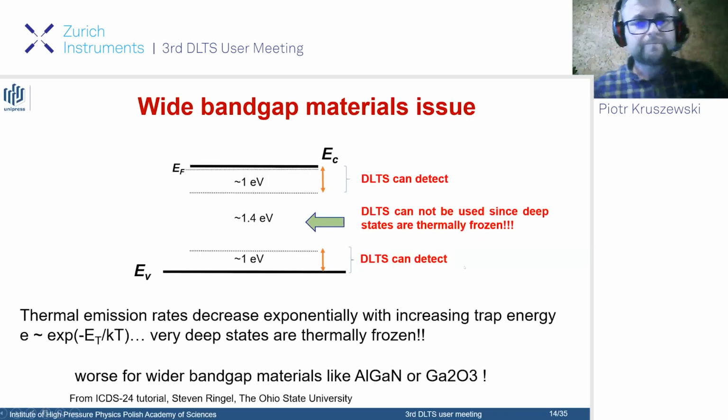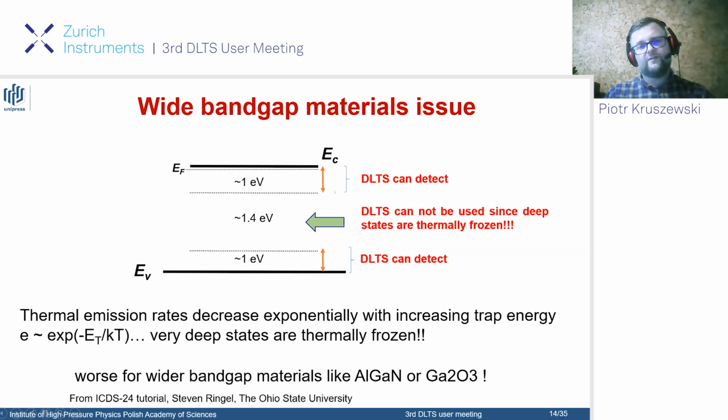Okay, so now I will move to the problem of the wide bandgap materials. I mentioned at the beginning that in gallium nitride we are working with at least a 3.4 eV bandgap. It's even higher for aluminium nitride or any other materials like gallium oxide, for example.